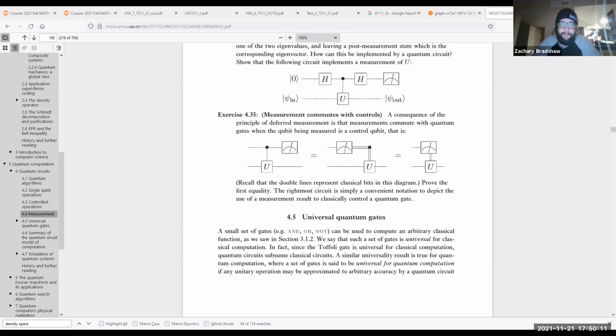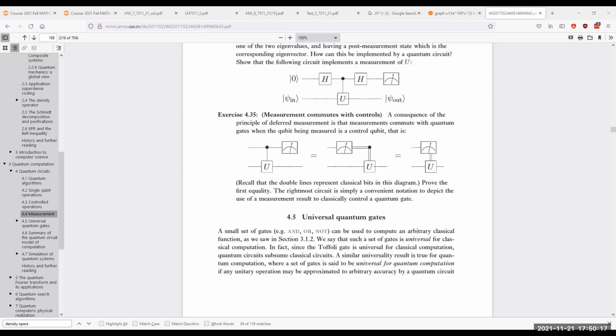I guess I have to read it for Marguerite. So the goal of the problem is to show that measurement commutes with controls.